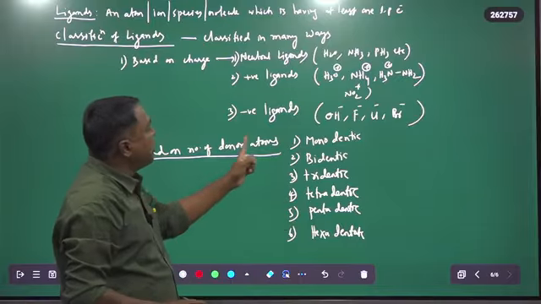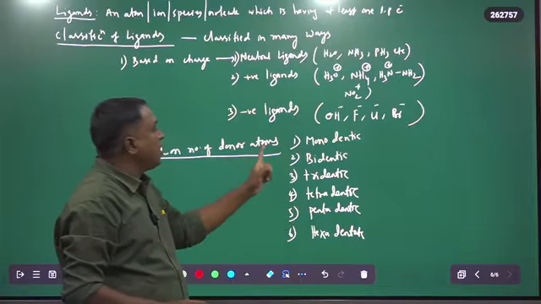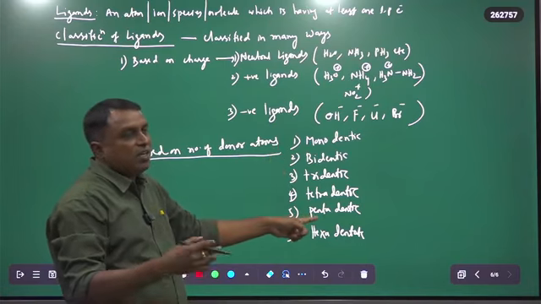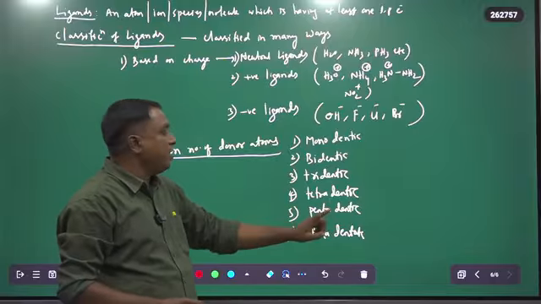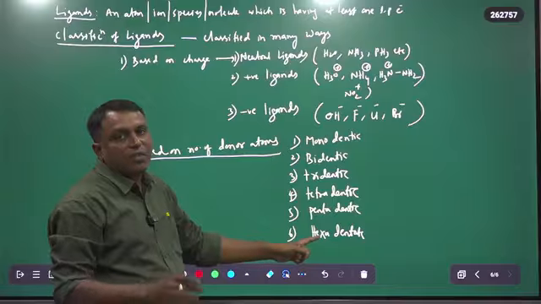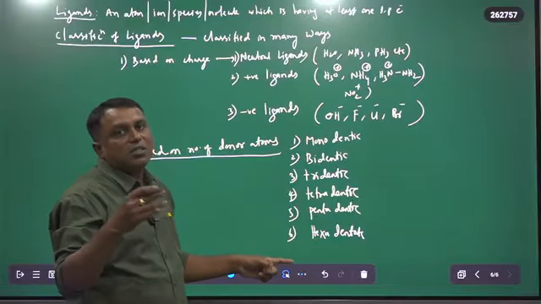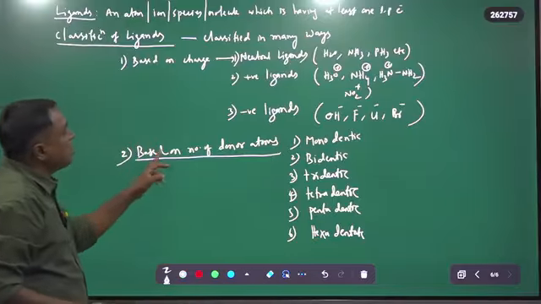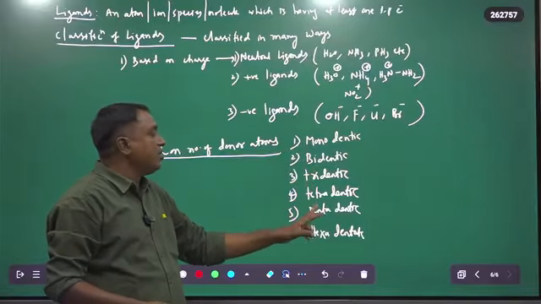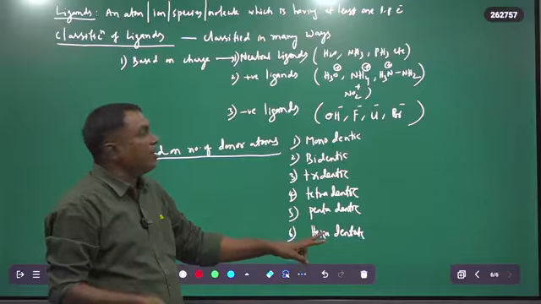If it has 5 donor atoms, it acts as pentadentate. Hexadentate, EDTA is a hexadentate ligand. It has 6 donor sites or 6 donor atoms.